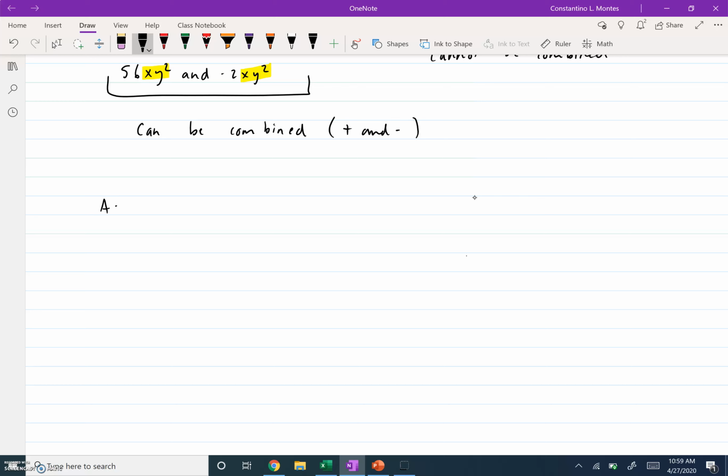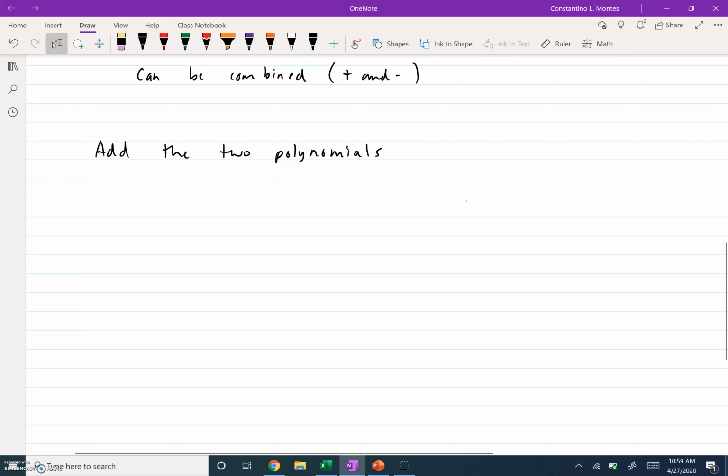Let's say add the two polynomials, and let's do example 1, and let's add 7x squared minus 14x plus 25.